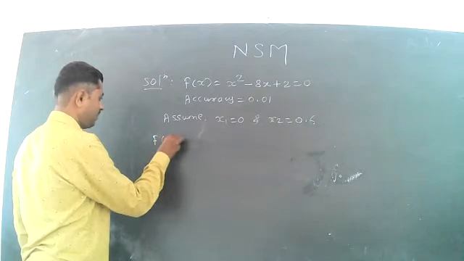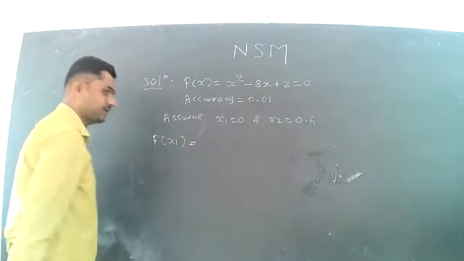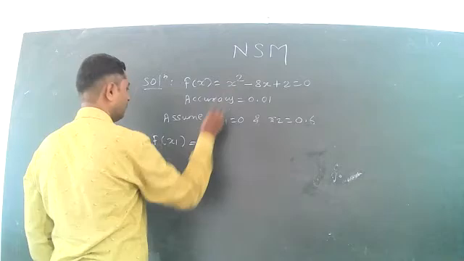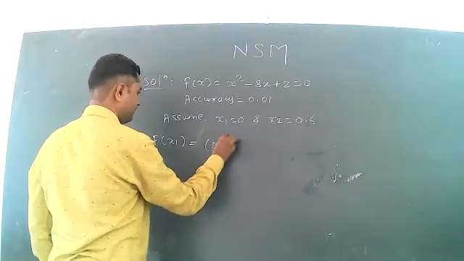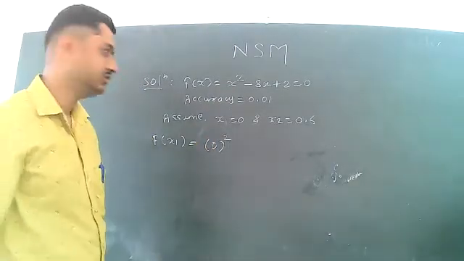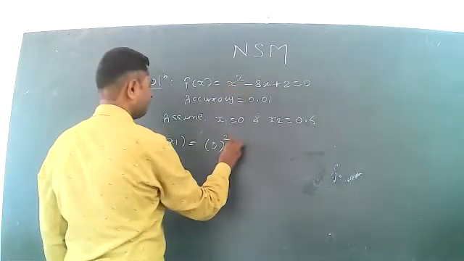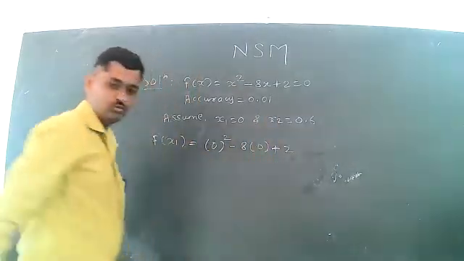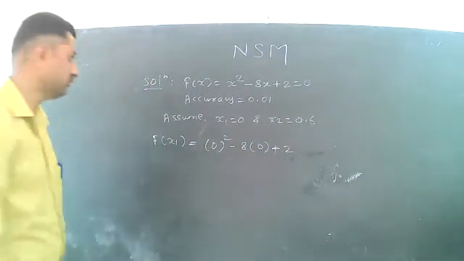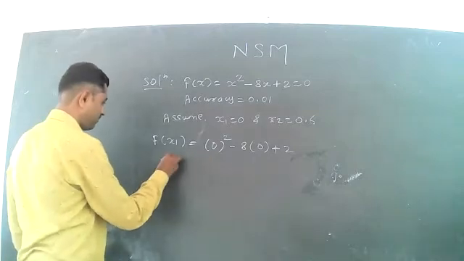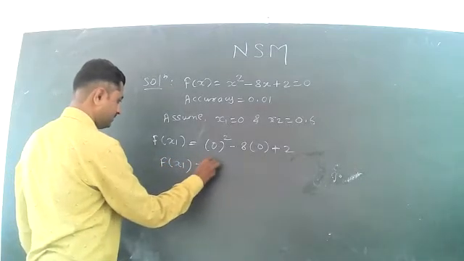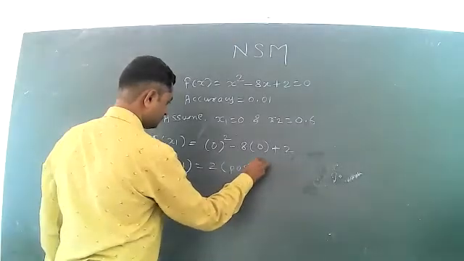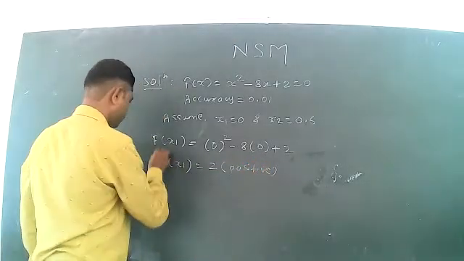The next step is to find f of x1 by putting x equal to 0 into the function equation. f of x1 is 0 square minus 8 into 0 plus 2, so f of x1 is 2, which is positive.